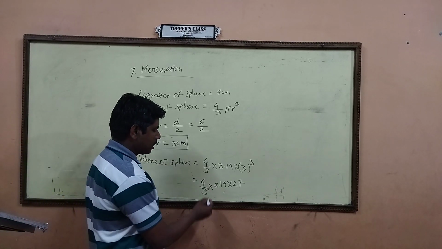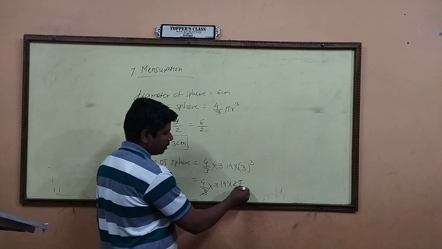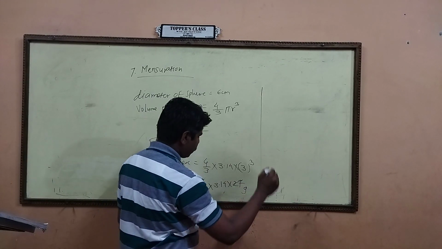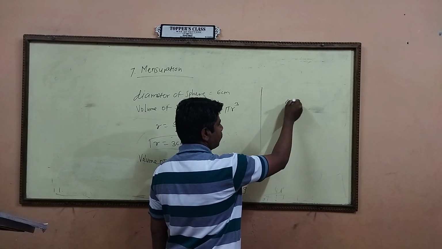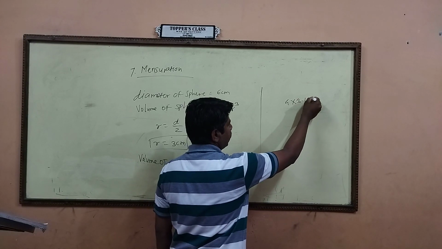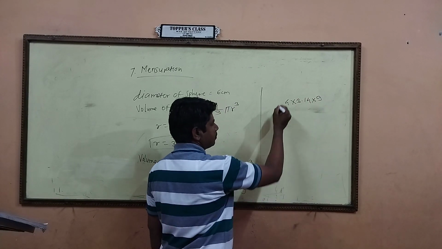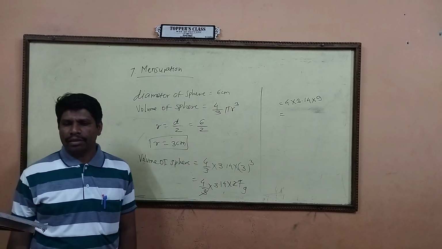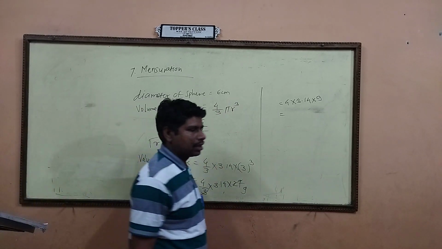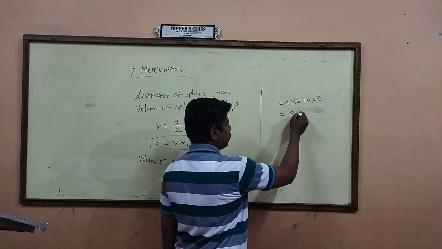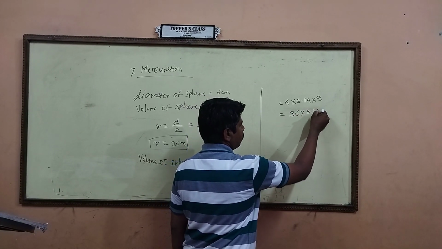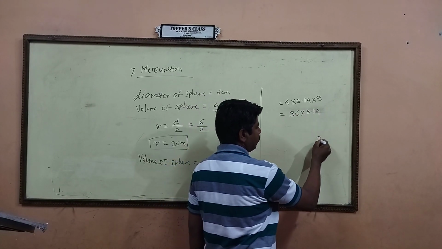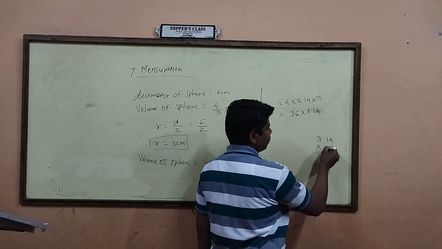27: 3 ones are 3, 3 nines are 27. So we can do 4 multiplied by 3.14 into 9. 4 nines are 36, so 3.14 multiplied by 36.